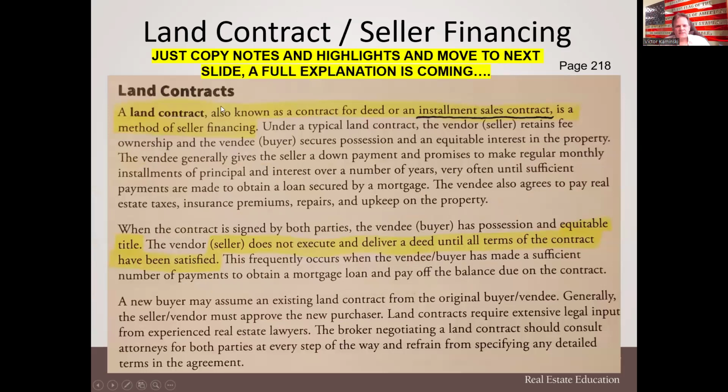Land contracts, we should already have this highlighted, right? Oh, wait. No, we didn't do that yet. Let's just highlight this and then we'll go to the next slide. We'll get the explanations on it. Do these highlights, underlines, and then these highlights, and then we'll go to the next slide and then we'll go over the explanation of a land contract.